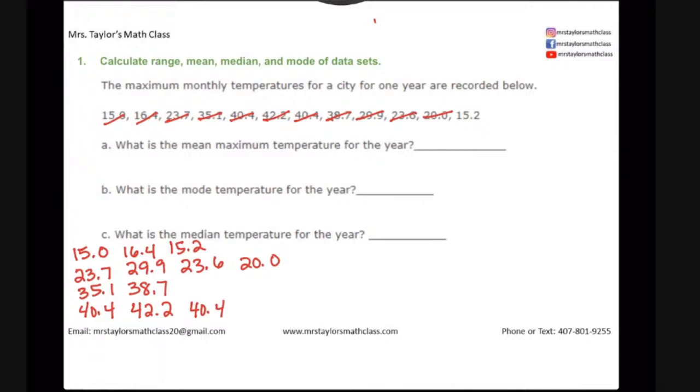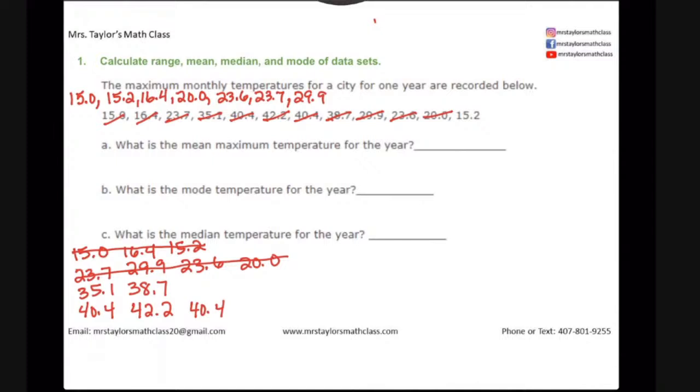So now I'm just going to organize them how they should go. Let's go above these numbers. So this is going to be 15.0, 15.2, 16.4, so I got those. And then we have 20.0, 23.6, 23.7, and 29.9.